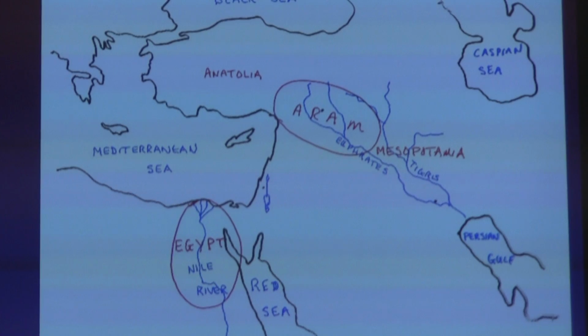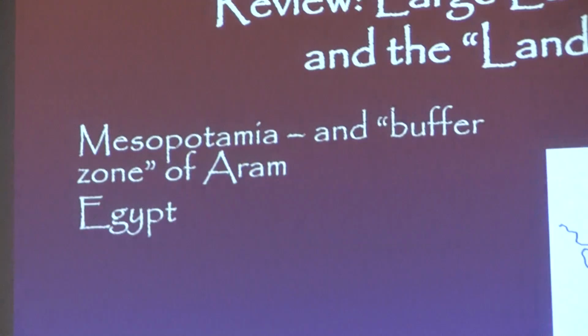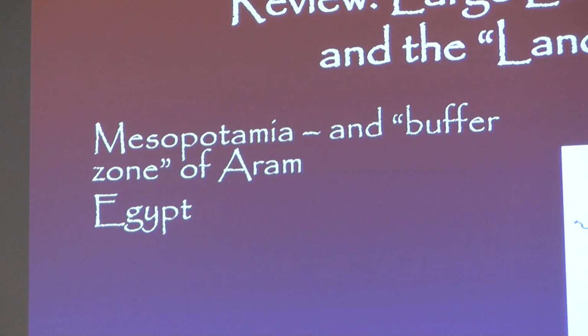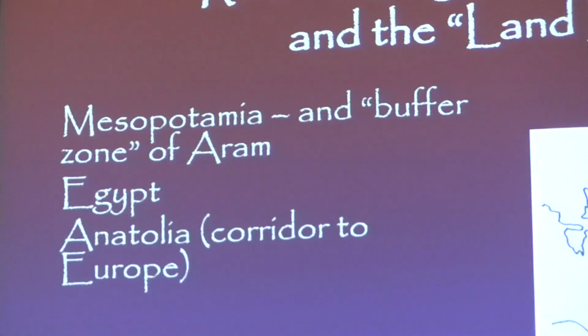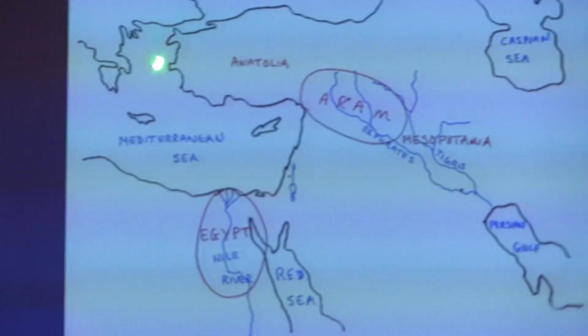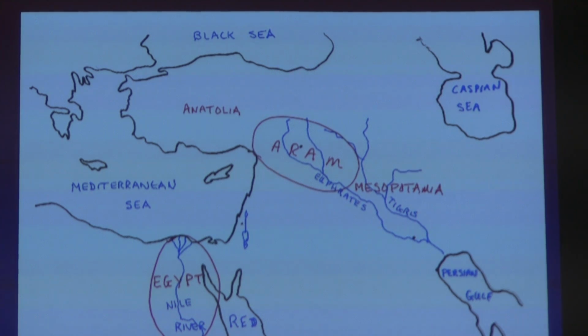We talked about Egypt itself and the importance of the cultural continuity there. We'll be revisiting Egypt later on in this series, but for now, just notice it's defined by the Nile River. We talked about Anatolia, up in here, modern-day Turkey, and the fact, particularly in our intertestamental period and New Testament, that it will be our corridor to what we think of as Europe now.